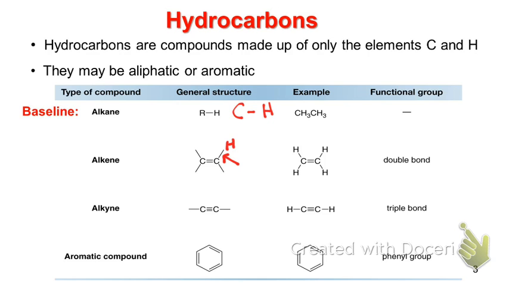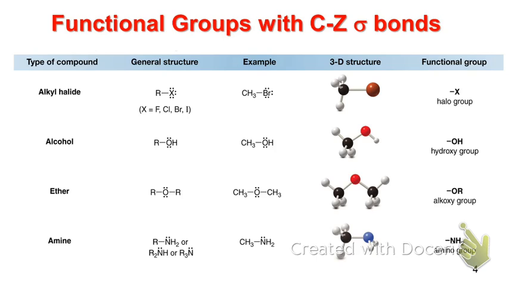In my opinion, it's easier to compare, say in this case, if we go back to our carbon-hydrogen, and we look at our carbon-hydrogen bond, and we're now going to compare it to, say, an alkyl halide. What's the difference? In an alkyl halide, we've got a carbon still bound to a halogen. So in this case, I'm putting up a chlorine. Well, what changed as we went from an alkane to an alkyl chloride?